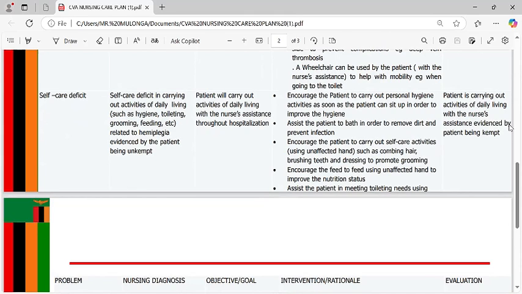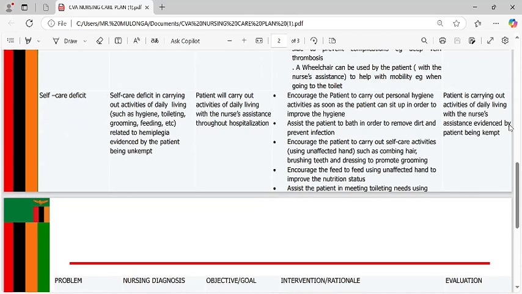So, self-care deficit in carrying out activities of daily living. These activities of daily living can be hygiene, toilet, feeding, grooming, dressing up, and all those things.